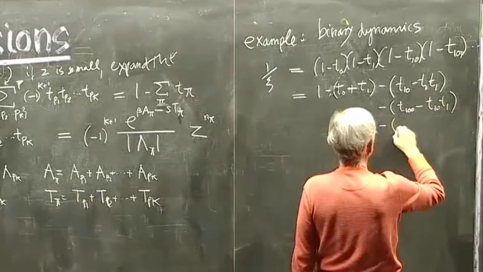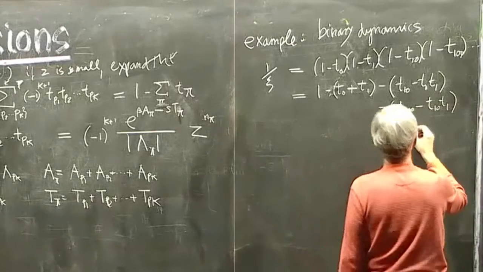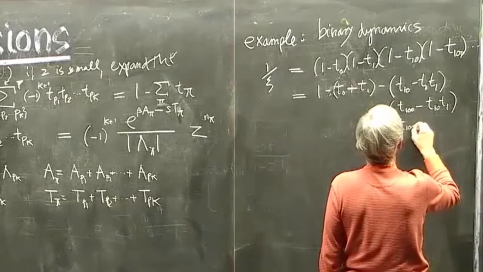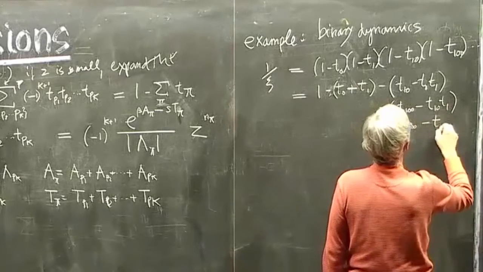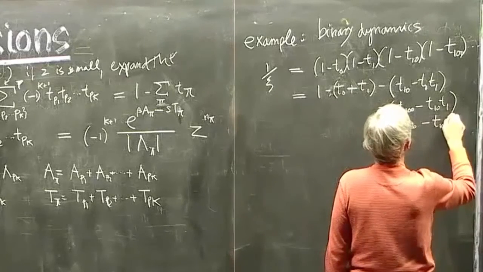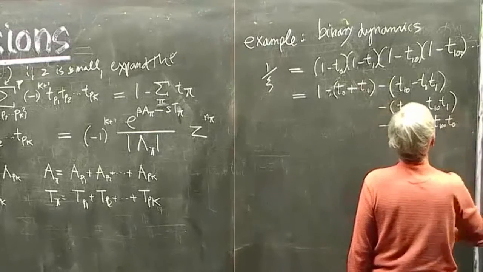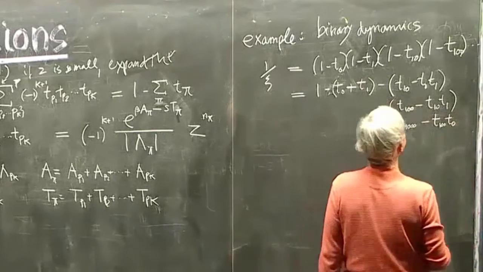And then we can go to the 4-cycles. And for example, there is a 100. They'll show up in a series. We can group the terms in such a way that that is what it comes with.